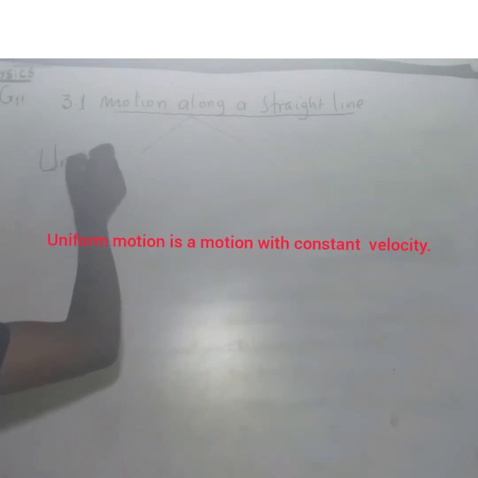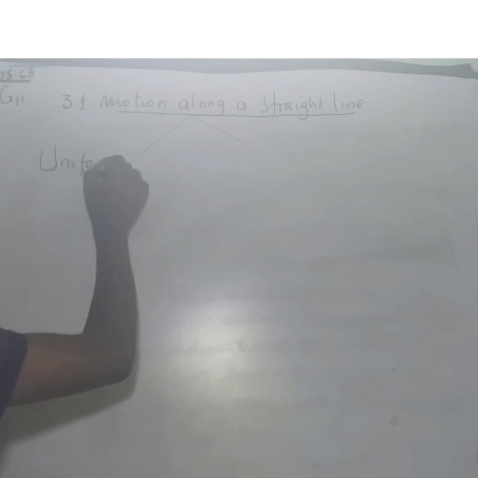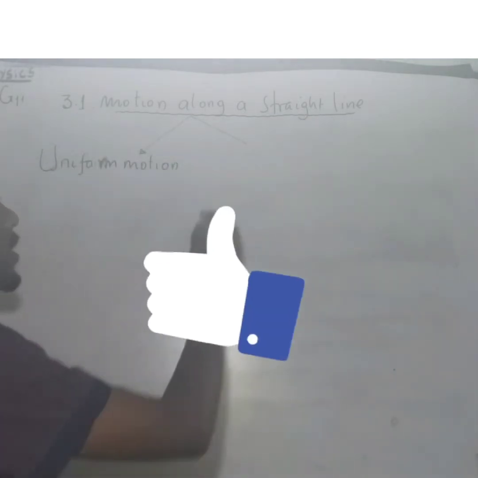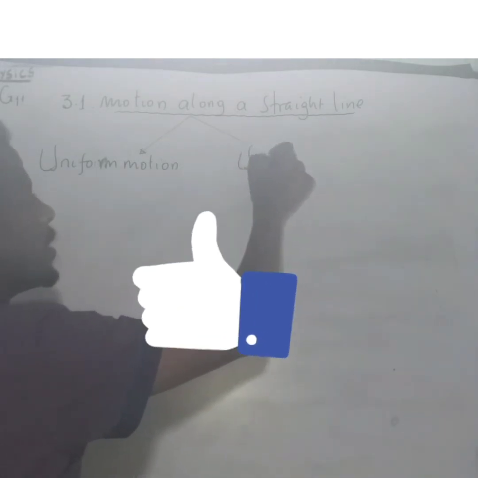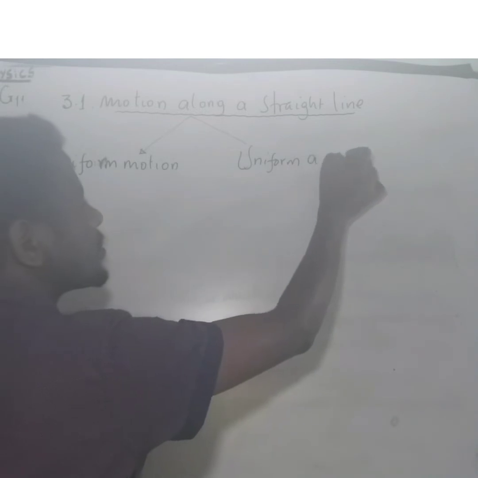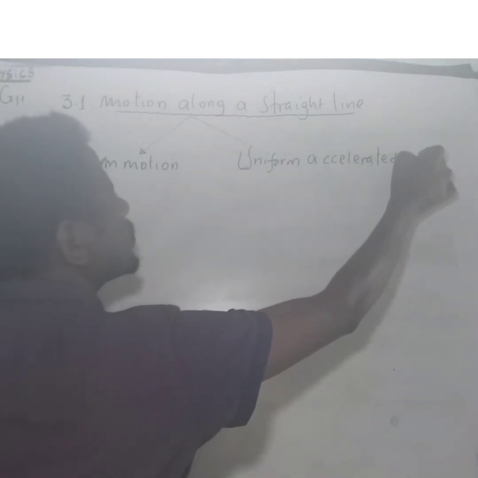First one, uniform motion, and the second classification of motion along a straight line is uniformly accelerated motion.